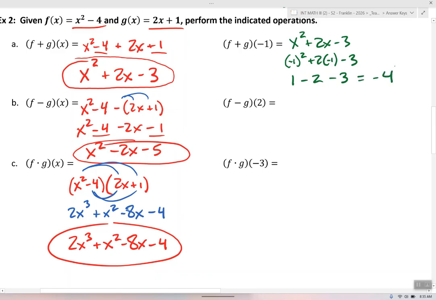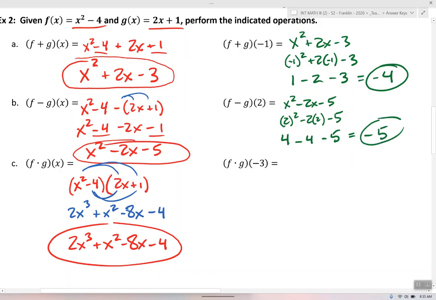That is negative 4. Okay, f minus g of 2 is x squared minus 2x minus 5. So putting in a 2, that's 2 squared minus 2 times 2 minus 5. So that's 4 minus 4 minus 5, which is just negative 5. 0 minus 5 there.